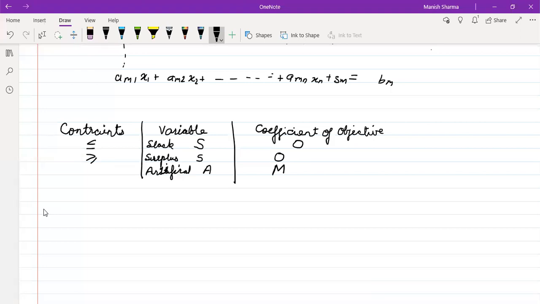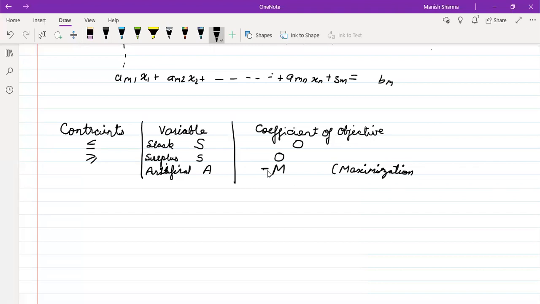So in the big M method, if the problem is of maximization, that is, if the objective function is maximize z, then we add a negative penalty, which means minus M in the objective function. What is M? M is the biggest penalty that is possible.